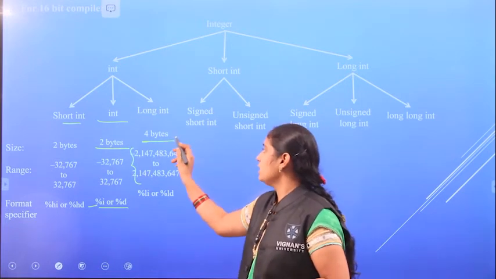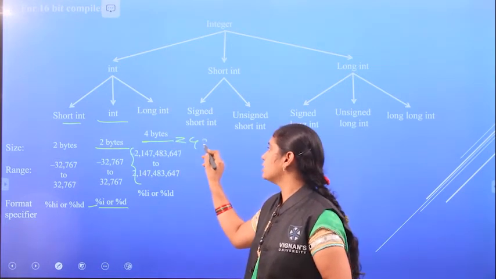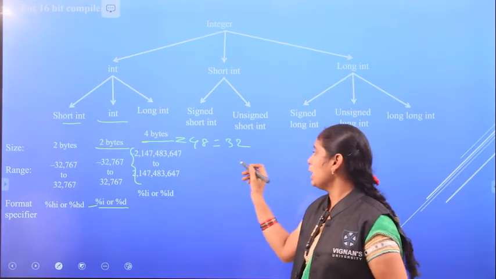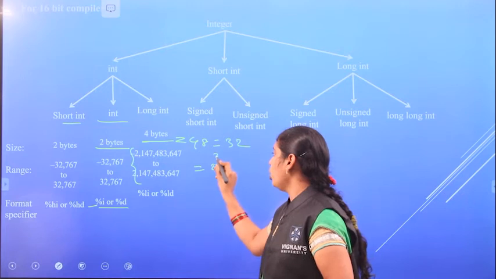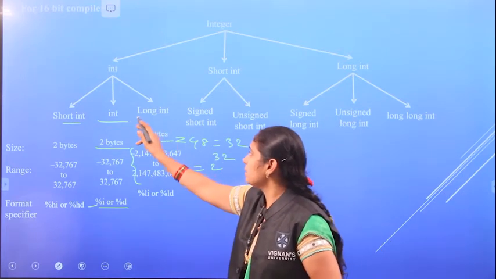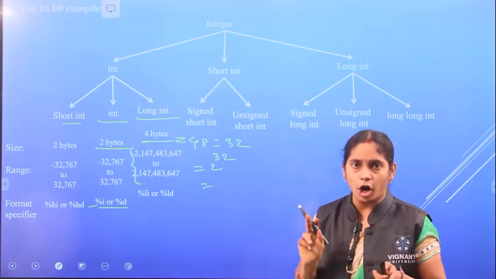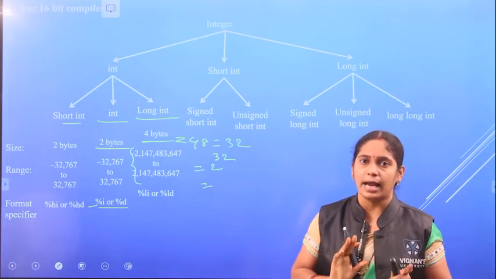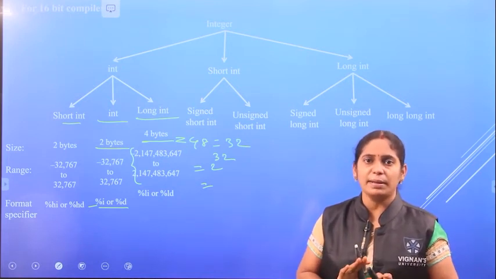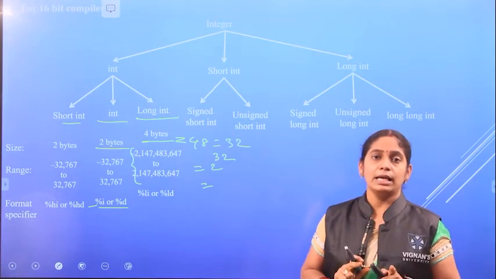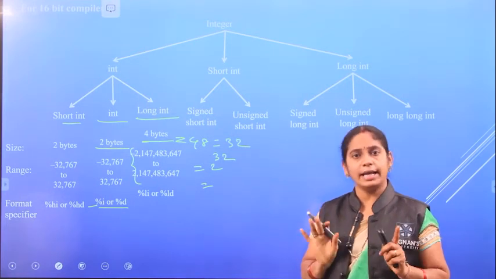Then how to find the range? 4 bytes. Convert this into bits: 4 into 8, 32 bits. Then how to find the range? 2 to the power of 32. Calculate that value. It is simply long int. We didn't specify anything before that as unsigned or signed, so by default that will be considered as signed form, means it contains both positive and negative values.